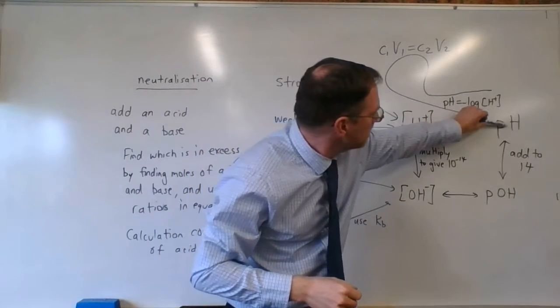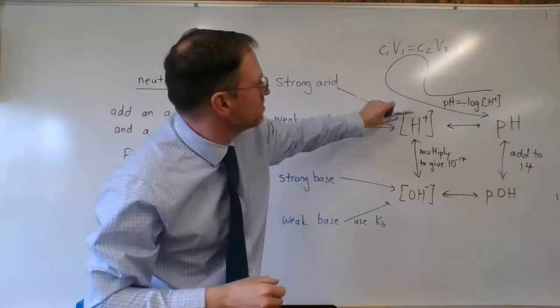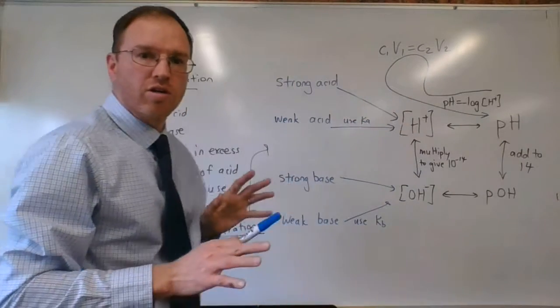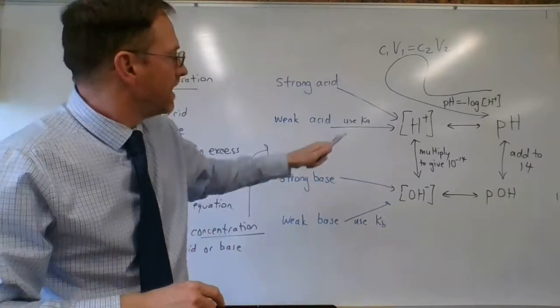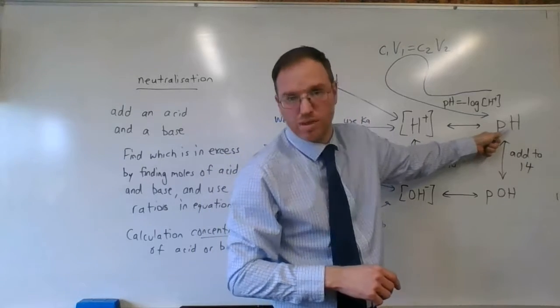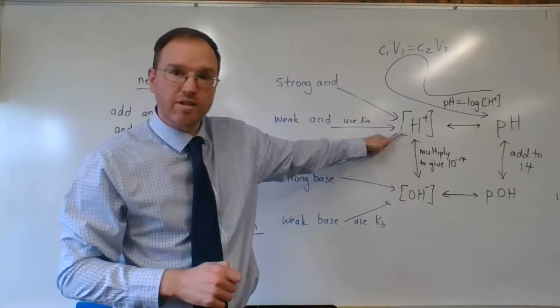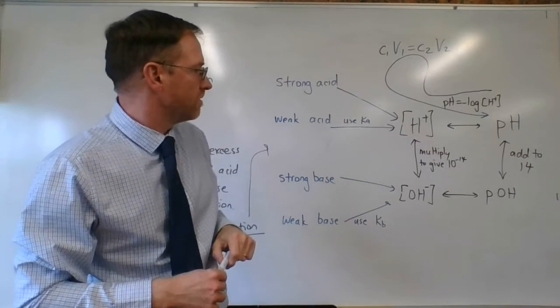So you start with this, you calculate your hydrogen ion concentration, you use C1V1 equals C2V2 to find your new concentration, you go back across to pH. Dilutions are not that difficult as long as you know to calculate this first. People get all confused trying to do a dilution with just pH. Change it to hydrogen ion concentration, it becomes a straightforward dilution question.